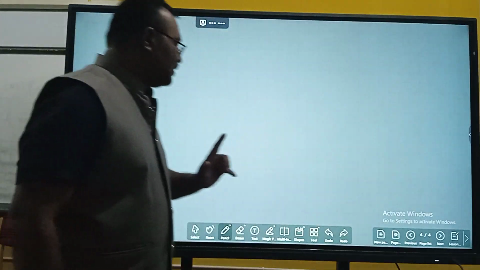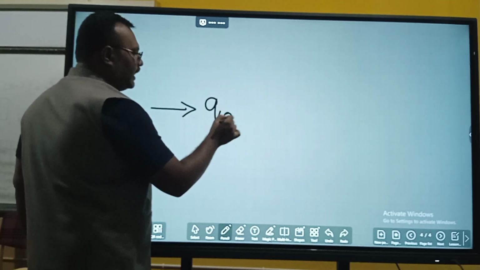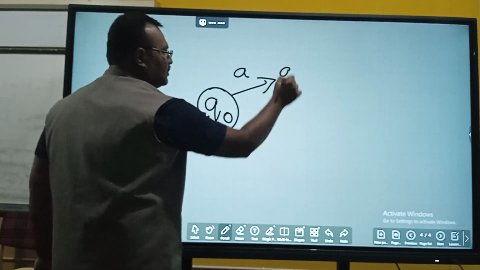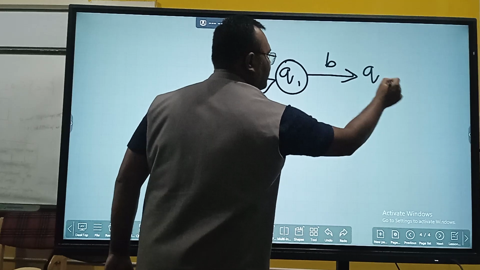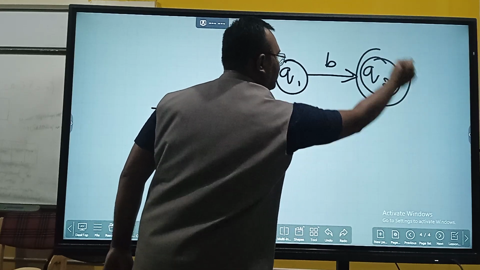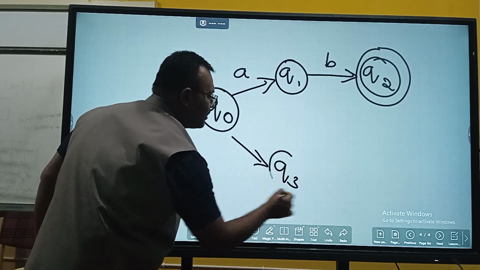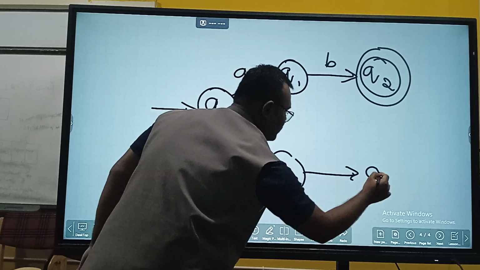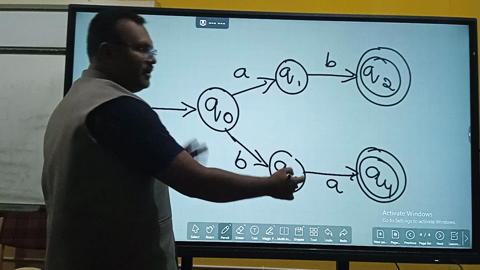So let me quickly write the transition diagram to you. I started at Q naught, first path, Q1, ending with AB. This is for ending with AB. Similarly, I am creating ending with BA.